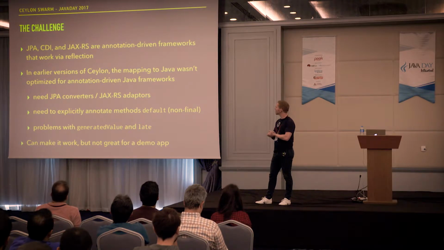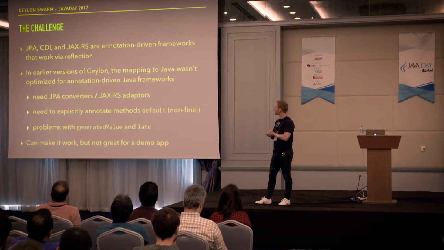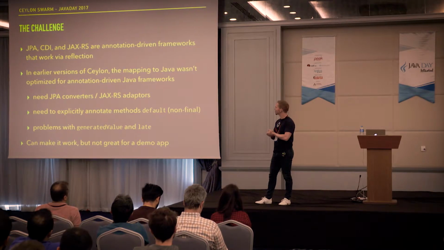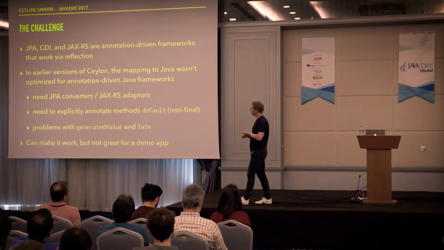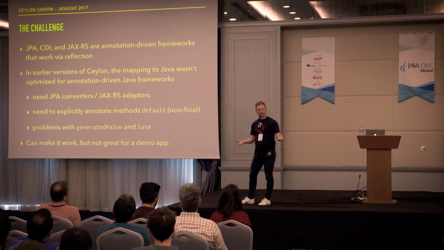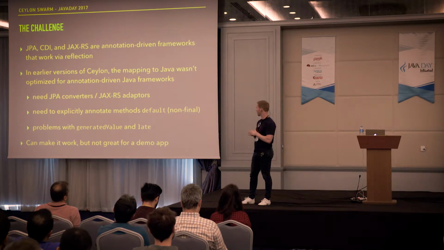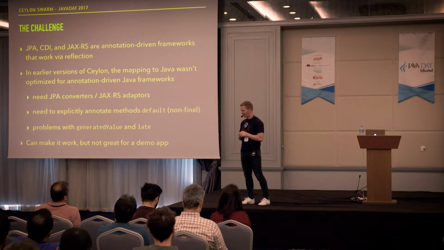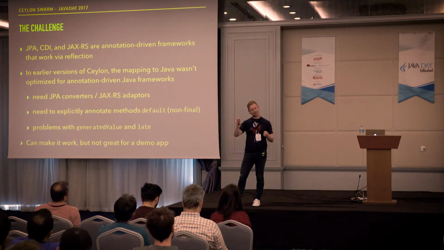The first challenge we ran into is that JPA, CDI, and JAX-RS, these Java EE technologies that we're most interested in here, are annotation-driven frameworks that work via Java reflection. Now that means that they get in and access the internal implementation details, internal fields of the Java classes you write.